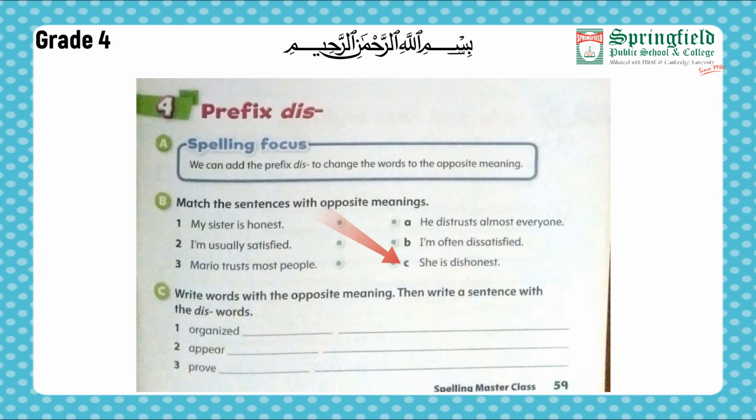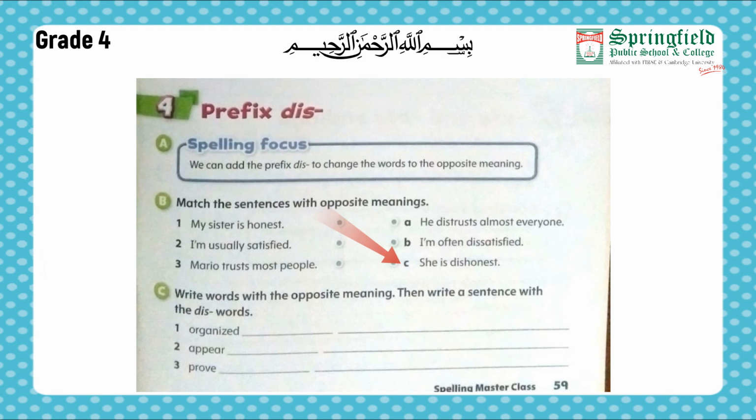So students, here if you look closely, the word honest is preceded by the prefix dis, and it is making it the opposite of honest. Honest, dishonest. Alright, now with 2 and 3 you have to do the same thing. Read the sentence and join it with its opposite, which is made by adding the prefix dis to the word. I hope that you understood how to do it.